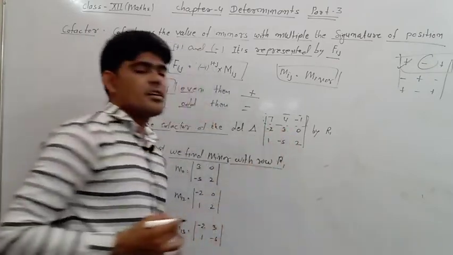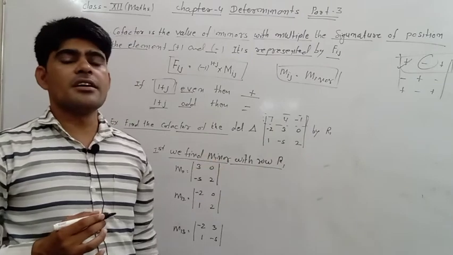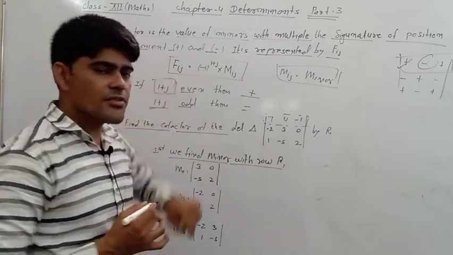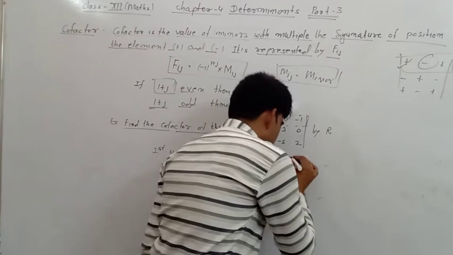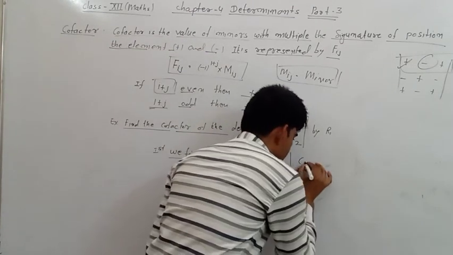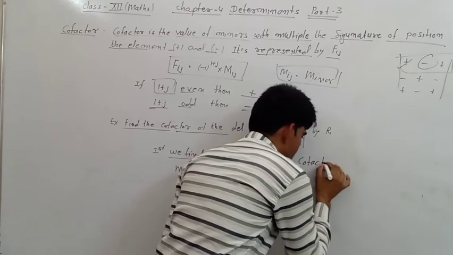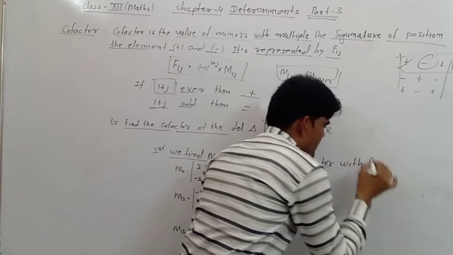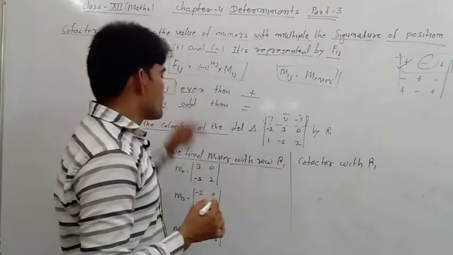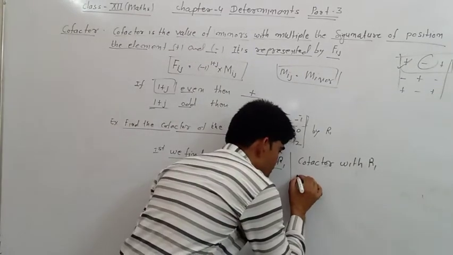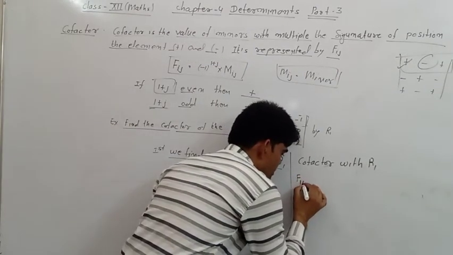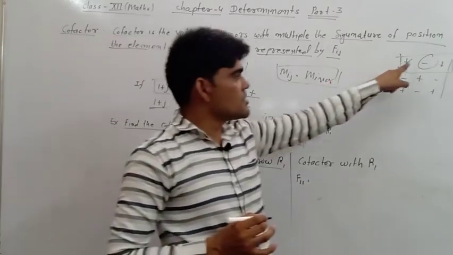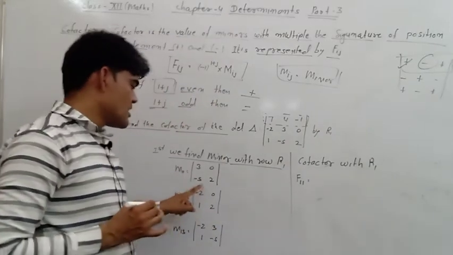Now we find the cofactor. The cofactor is represented by F ij. Cofactor with R1: F11 means first row and first column, so we use a positive sign before the minor.